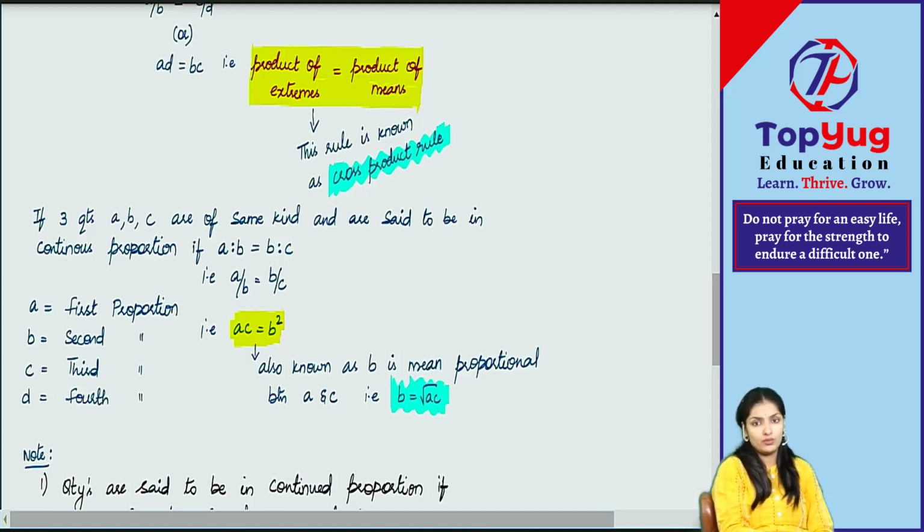Inverse, that is. Yes. Alternando, AC is equal to BD. Okay. Addendo. You have to tell, you have to start with if.